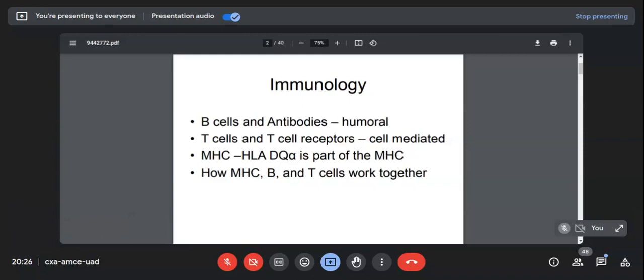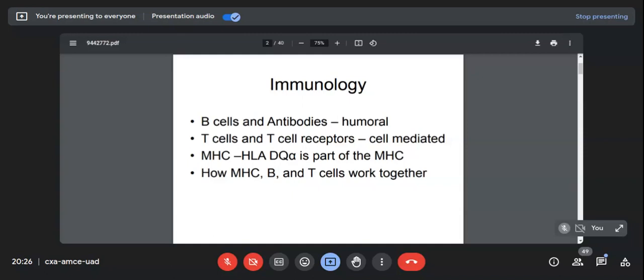So now, let me give you a picture of what we are going to focus on by the time we're done with everything with regards to adaptive immunity. Just like I had given you a framework in innate immunity, I'm also going to give you a framework in adaptive immunity.